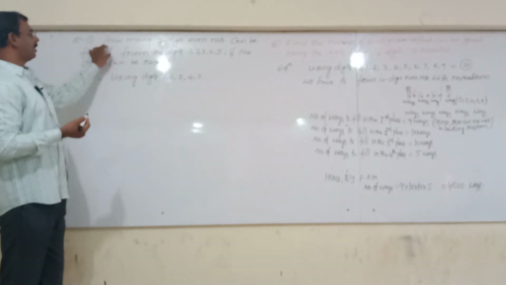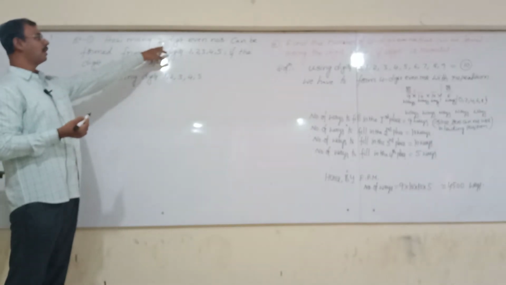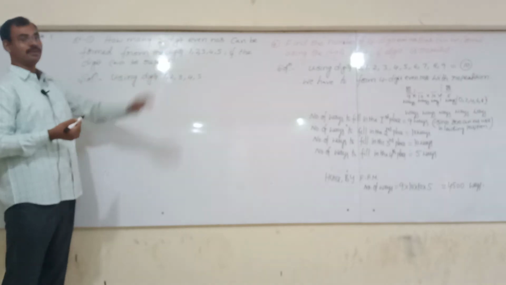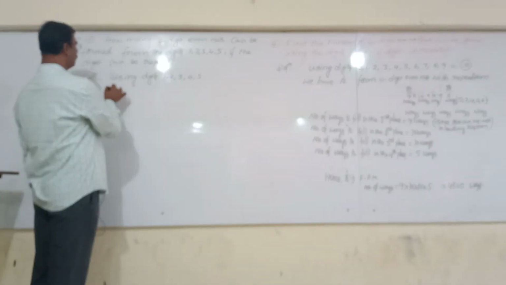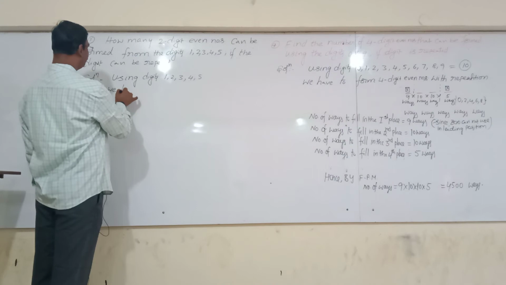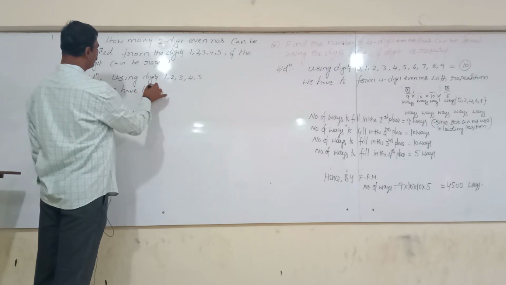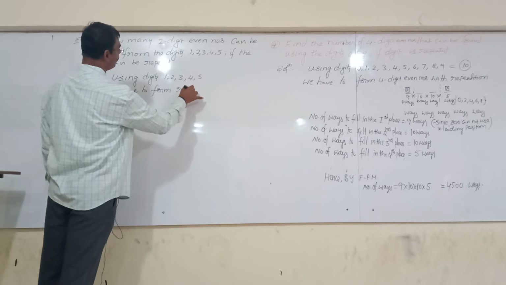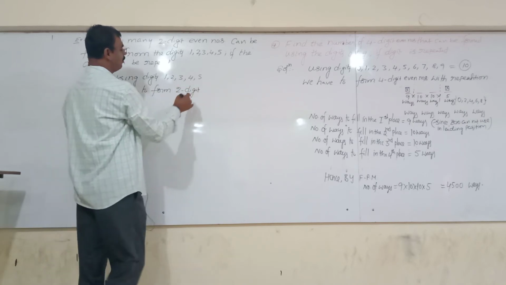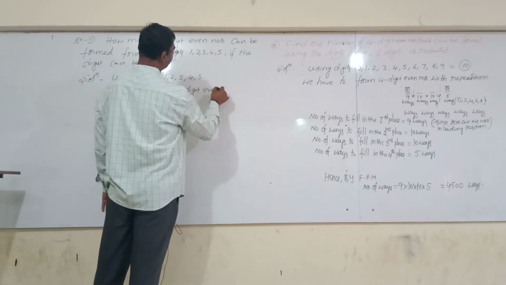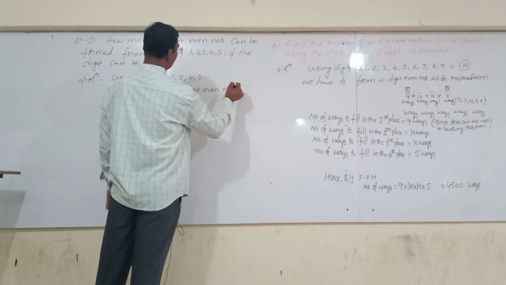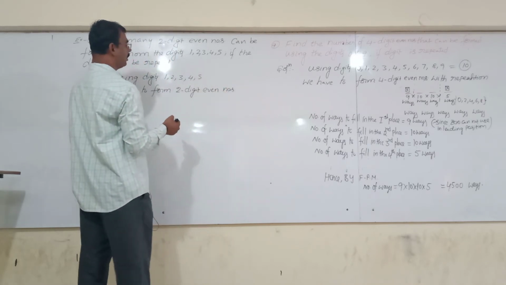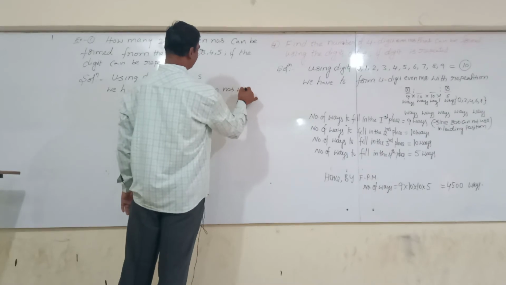And what is our task? How many two-digit even numbers? So we have to form two-digit even numbers with repetition or without repetition? With repetition.